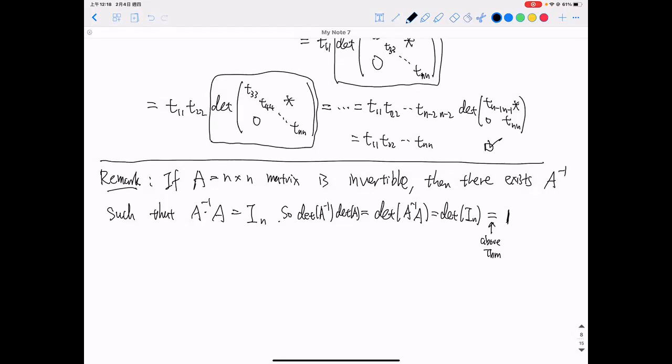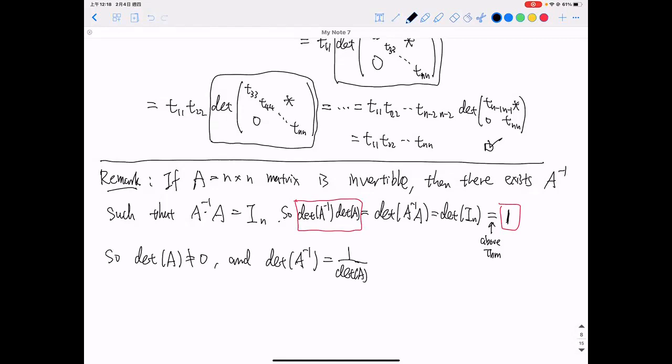So what is this telling us? It's saying that the determinant of A inverse times the determinant of A is equal to 1. So first of all, the determinant of A is not 0. And secondly, the determinant of A inverse is just the inverse of the determinant of A.